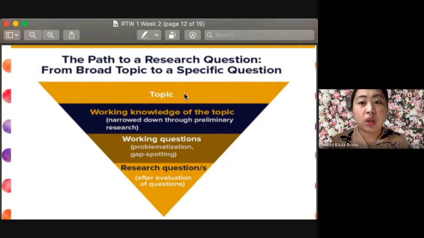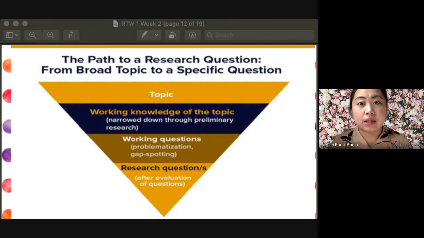From the general topic, you work the knowledge of the topic, narrow it down through preliminary research, as I've mentioned, the related literature review. And then you have to do gap spotting. You have to look for the missing piece, the deficiency. From that deficiency, you generate research questions that would address the deficiencies in that certain topic of interest.